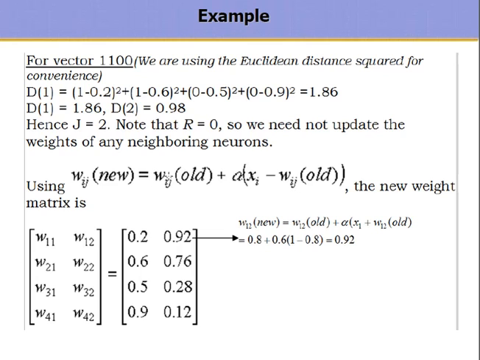If we use this equation to calculate the new weight matrix, since we have our index j equals 2, we can take our previous weight, and by putting all the values in our updating weight equation, we can calculate the new weight vector. So the first value will be 0.92, 0.6 is the learning rate, and 0.8 is the old weight, and through this equation we can update all the weight vectors.